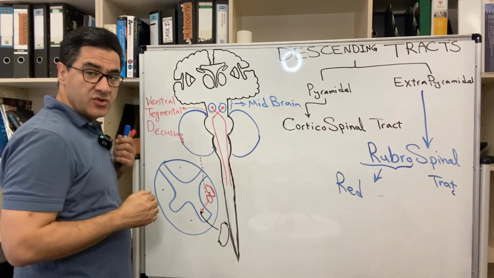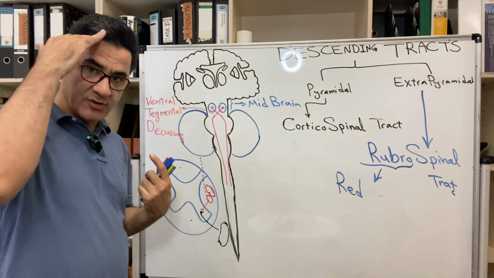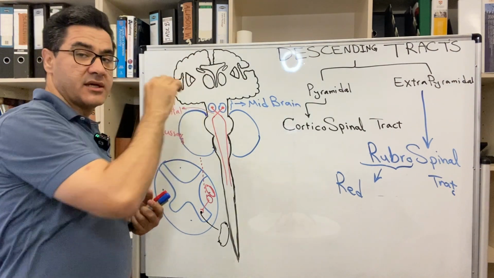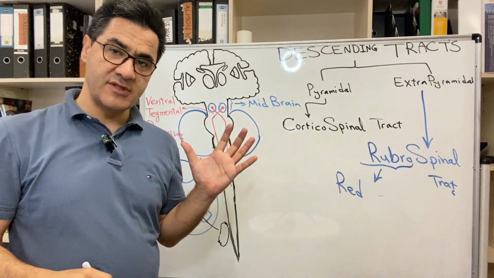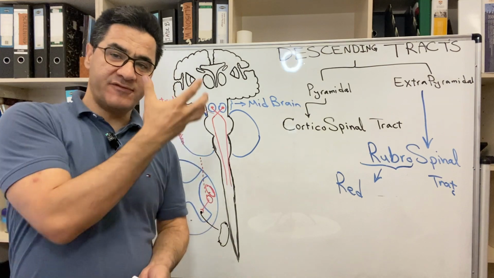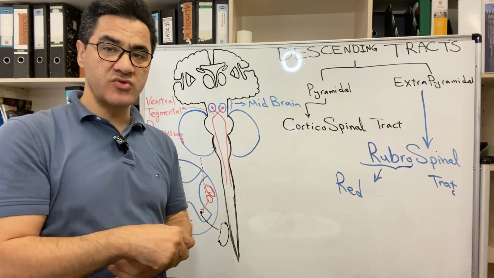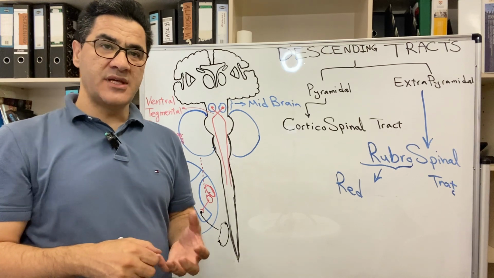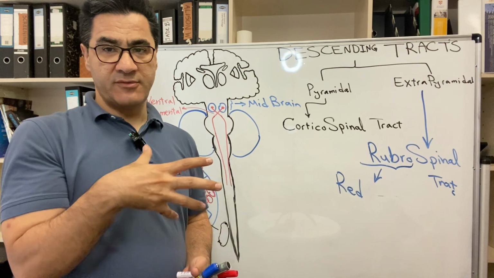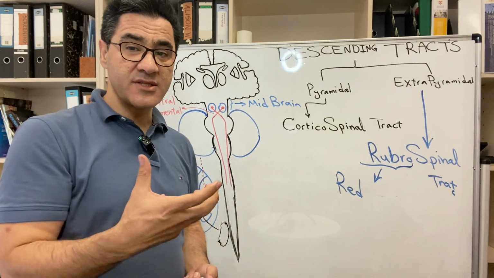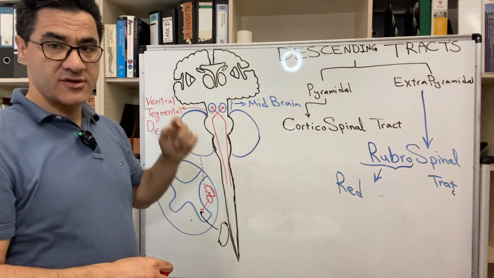These two red nuclei receive some afferents from the cortex here and from the cerebellum there. If you watch my previous videos, we have some afferent fibers coming into the cortex of the brain and some afferent fibers coming into the cerebellum. We have the dorsal column tract. It carries the sensory information from the joints related to conscious proprioception, to the thalamus, and finally to the cortex.